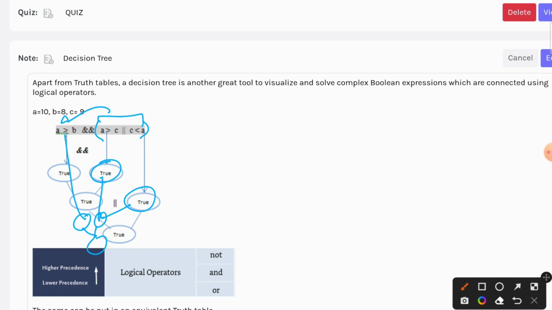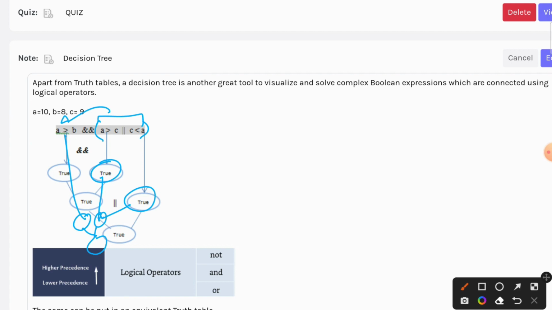Hope you understood and hope you like this decision tree. I hope that you really use it, and especially in the beginning where you are still learning, you don't want to make mistakes. These Boolean expressions can be very confusing. It can give you very different results if not used correctly. So when you're constructing it, play with different values, especially the boundary values.